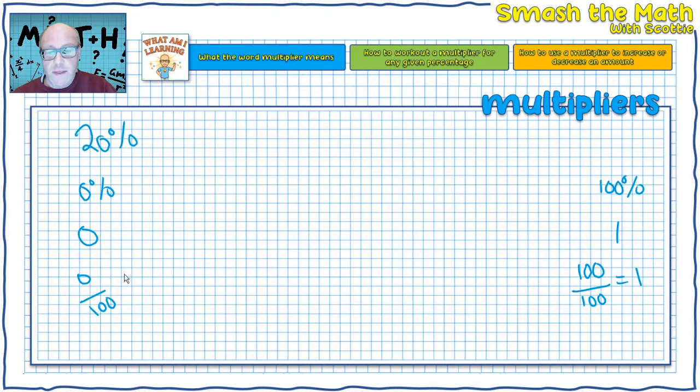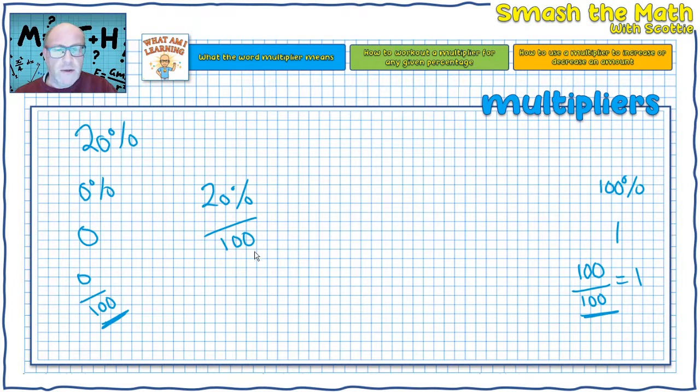In this case, divide that by 100, we get 0. Okay, so the key here is that we divide our percentage by 100 to get to that decimal between 0 and 1. So if we take our 20%, and I want to turn that into a multiplier, a number between 0 and 1, all I need to do is to divide it by 100.